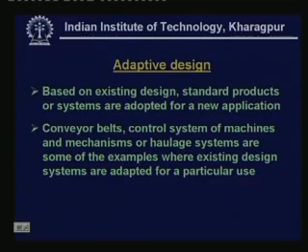So, let us discuss this particular point, what do we mean by adaptive design. Just as we have seen in the definition, something is available, you put it together and let it perform its duty, it is an adaptive design.